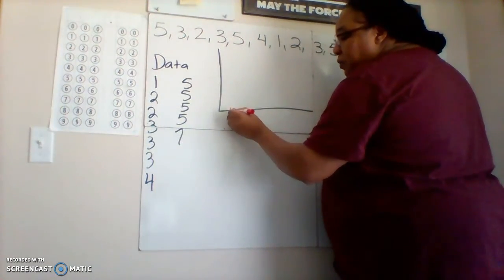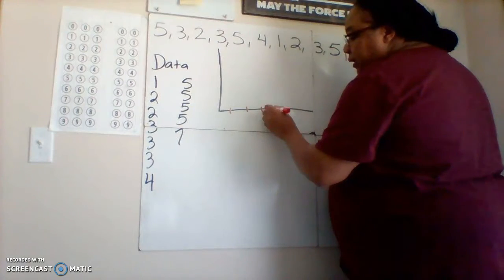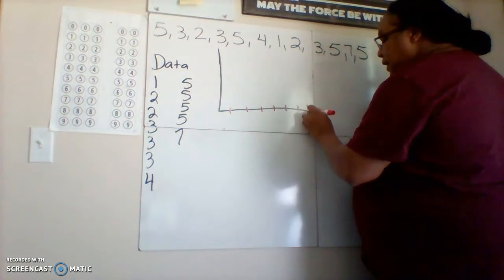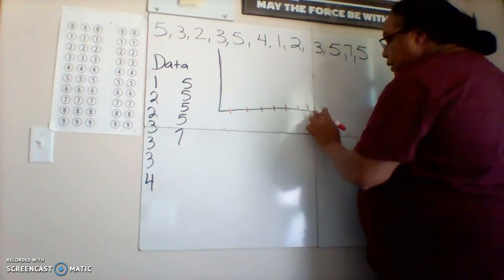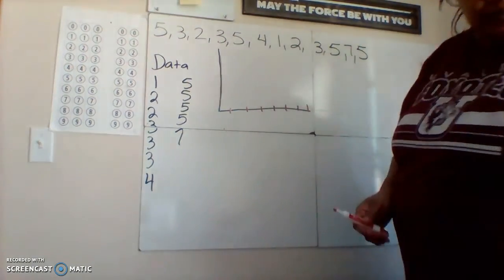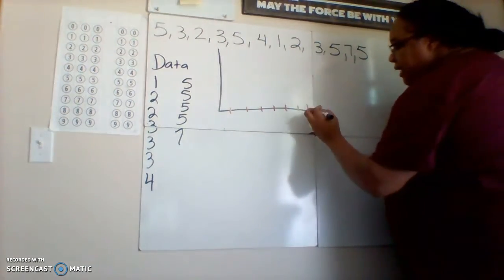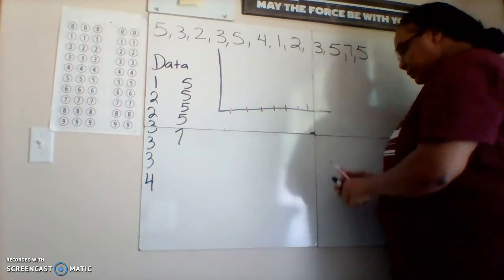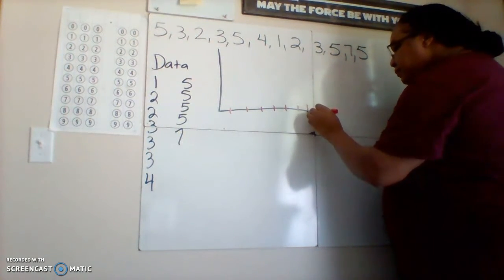I'm going to put 1, 2, 3, 4, 5, 6, 7. I'm going to use my black marker to make 8, just so you guys can see. 7 and 8. Okay?